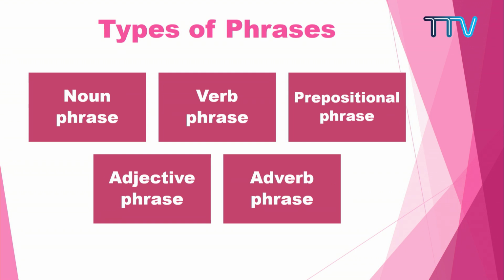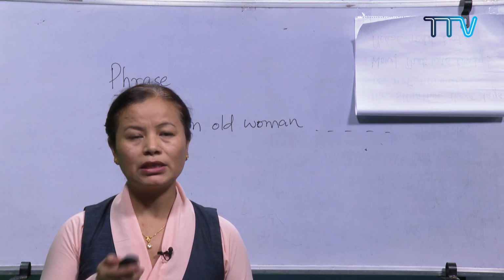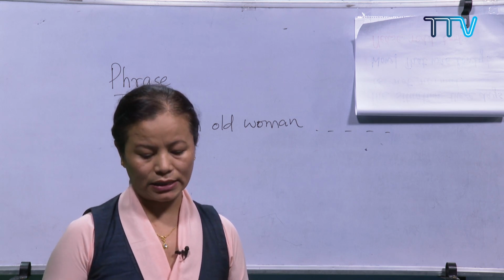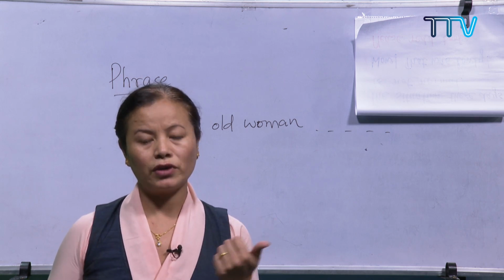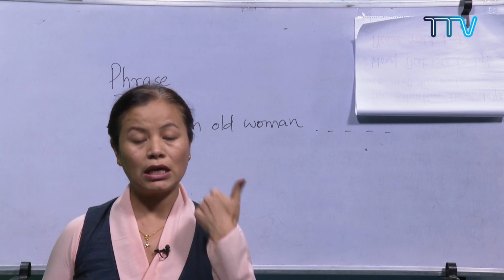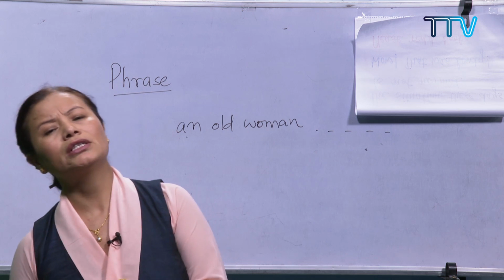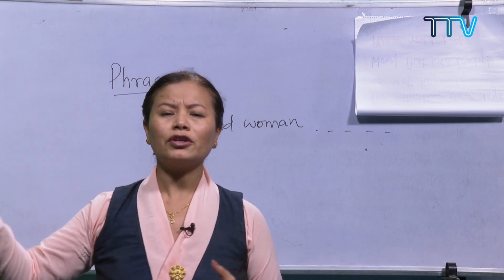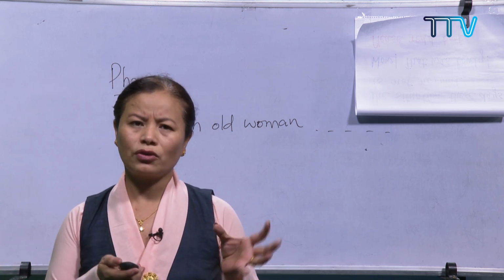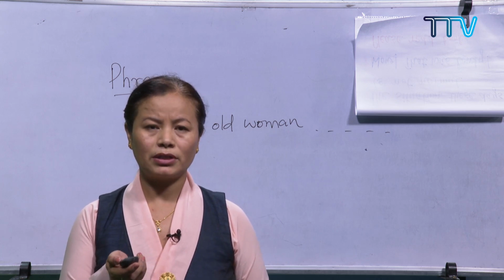What do you think this is? A noun phrase is a phrase that works like a noun, but it's not a complete sentence. We also have gerund phrase, infinitive phrase, absolute phrase. So we have a lot of phrases. I'm going to discuss only a few with examples. Just look at the slide.